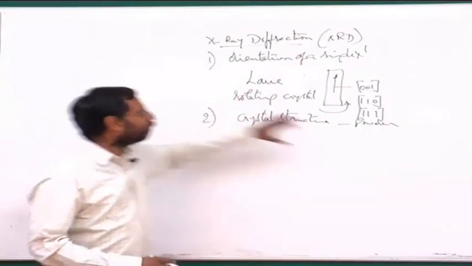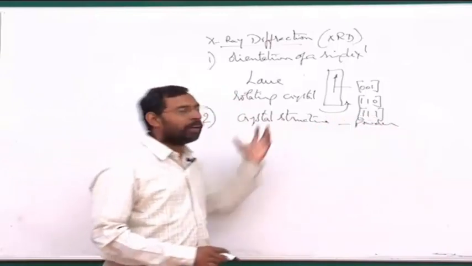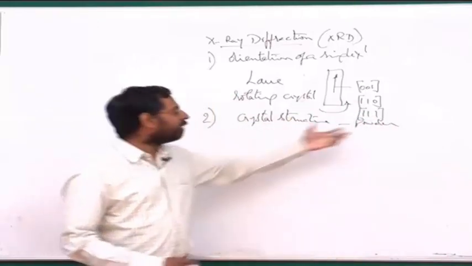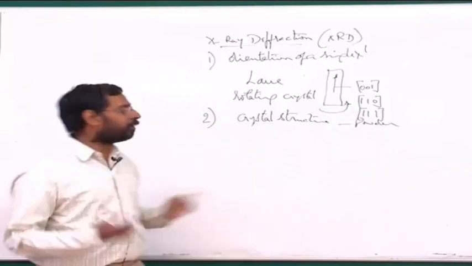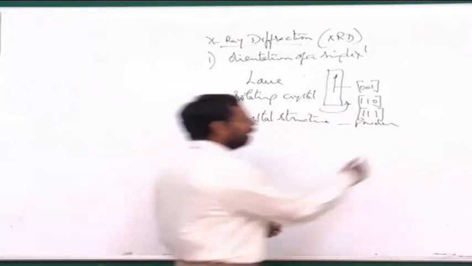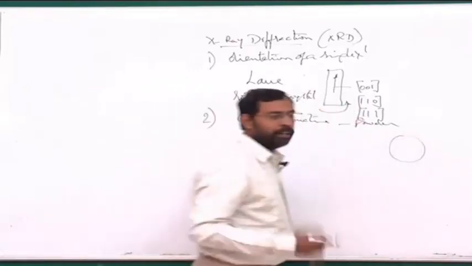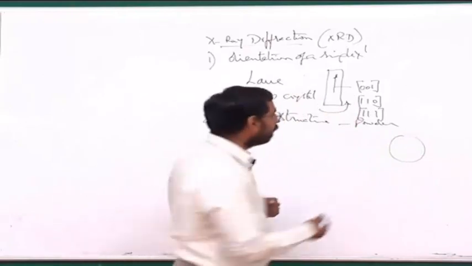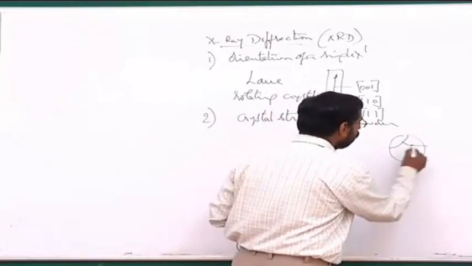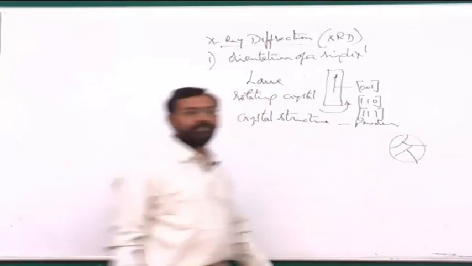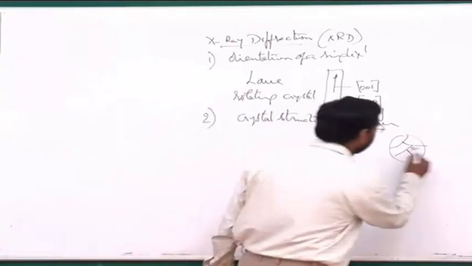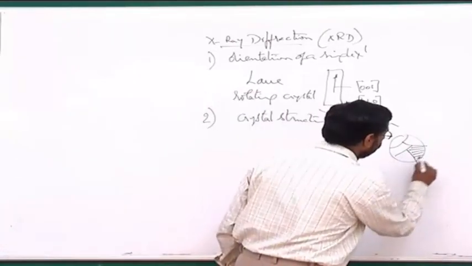So we use polycrystalline materials which have a large number of grains. A powder represents powder particles. If you take, let's say, a sand grain kind of a thing, each particle is composed of a number of grains, and each grain is a single crystal with a certain orientation of atoms.